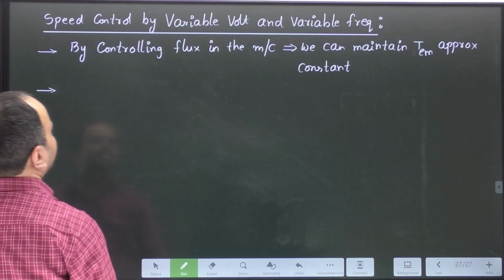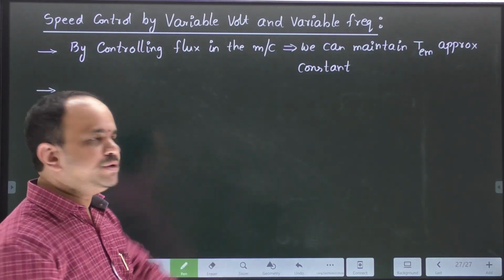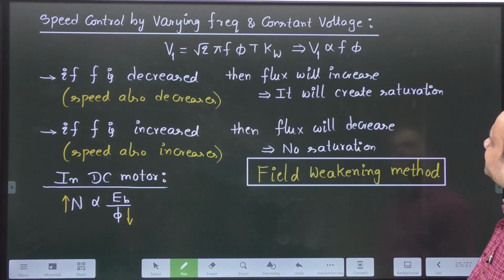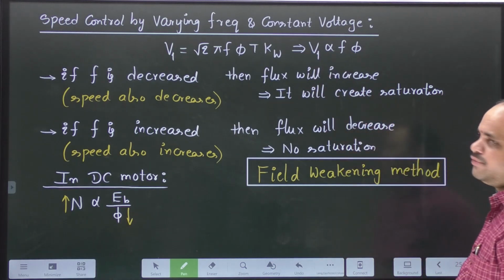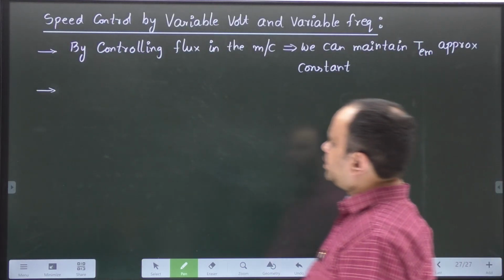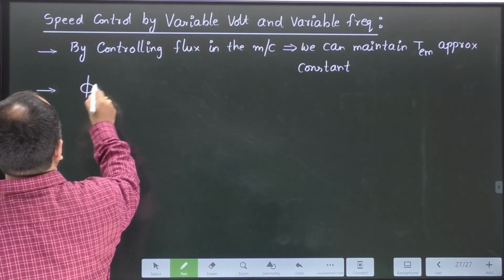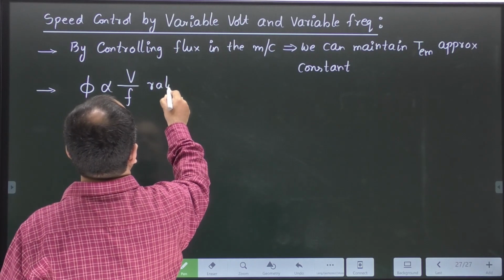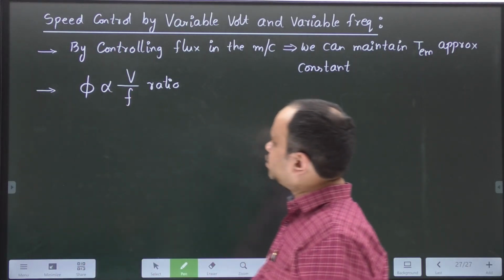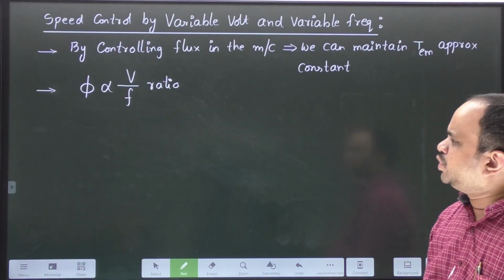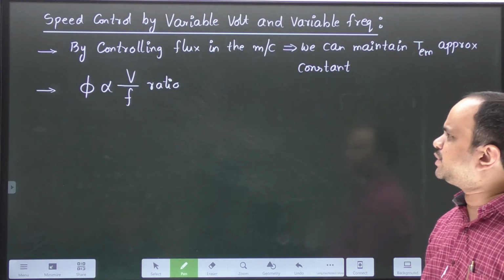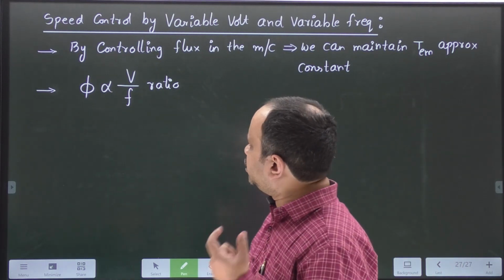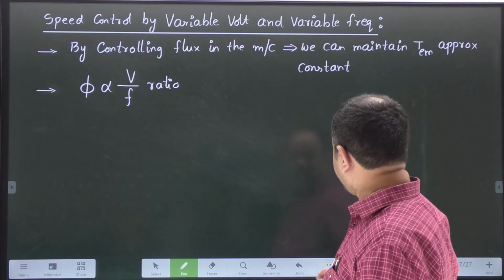Now the next question, how can we control the flux in the machine? So from this previous equation you can say that V is proportional to F into phi. In other words, flux is proportional to V by F ratio. Therefore, in order to control the flux, you should control both voltage as well as the frequency, but not only one parameter. If you control both the parameters, then you can maintain the flux in the machine approximately constant.